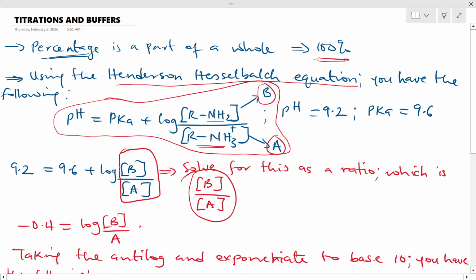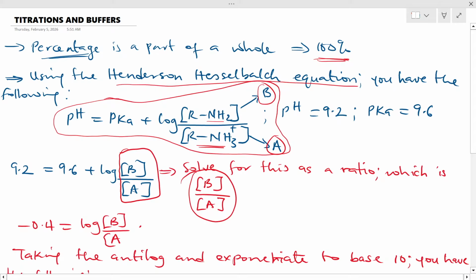Because we are looking for a part of a whole, a percentage. So we simply move this 9.6 this way and do the subtraction, and what we have is what? 0 minus 0.4 equal to the log of the what?